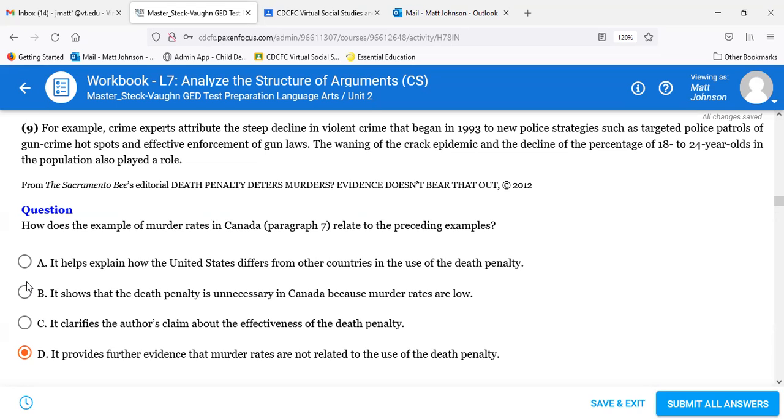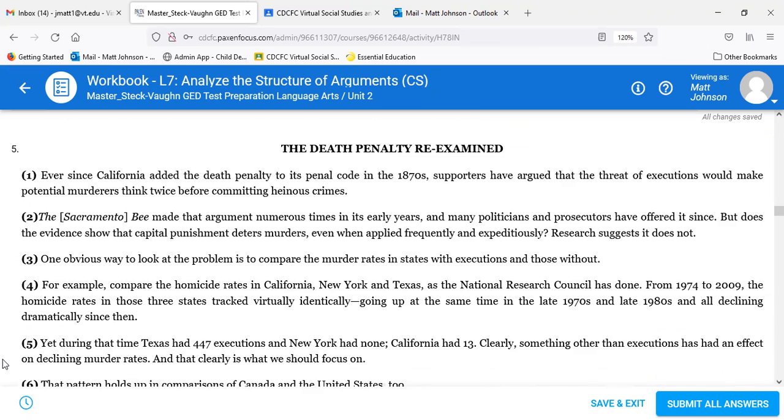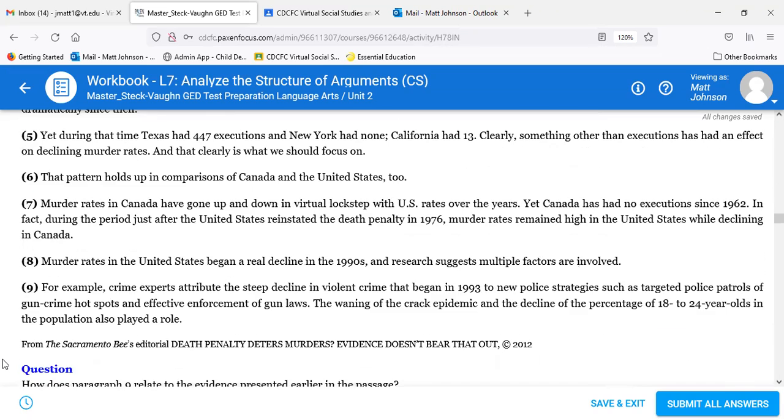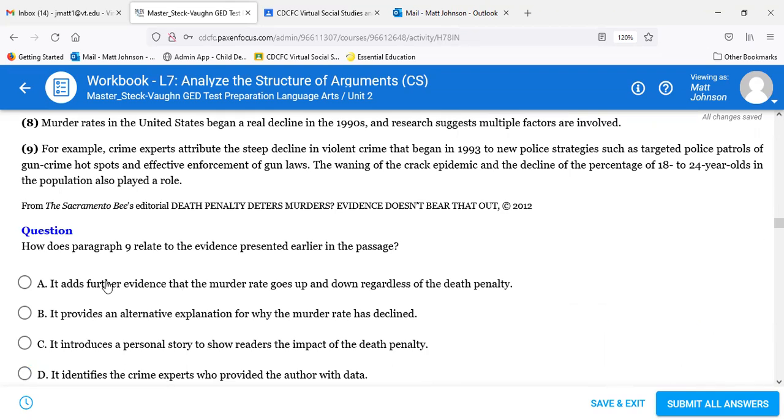So that means capital punishment, the death penalty, probably does not affect the amount of murder, because the same things are happening in Canada, who's sort of like the US's little brother as far as our economic situations, the way people live, and things like that. So 4 is D, and for 5 we have the same passage.